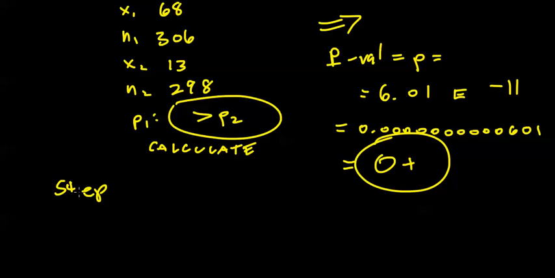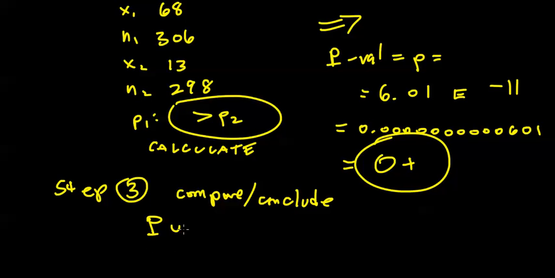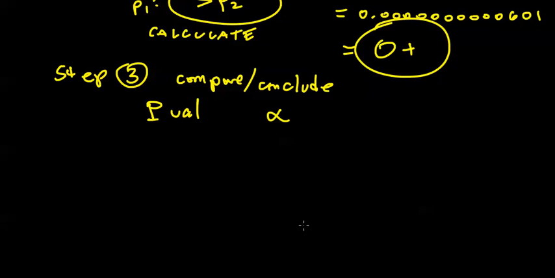There it is. Step 3 would then be to compare and conclude. Make your conclusion about H0. And to do that, you compare your p-value to your alpha level. Our alpha level was 0.01, but with such a small p-value, I don't suppose the alpha level matters much.